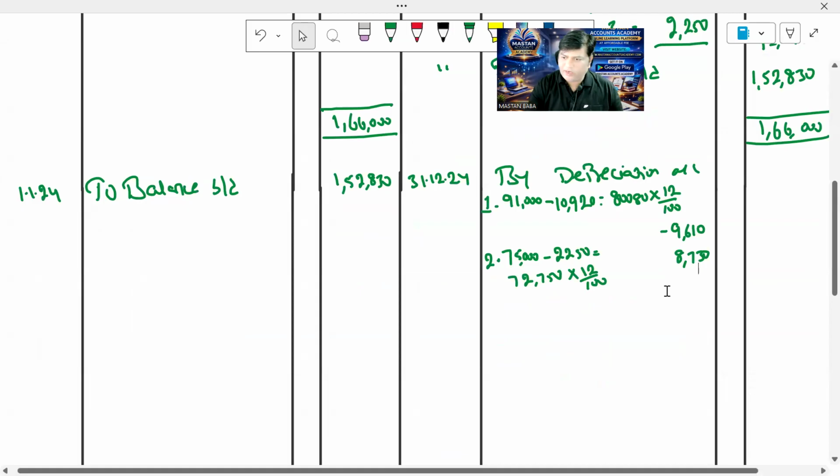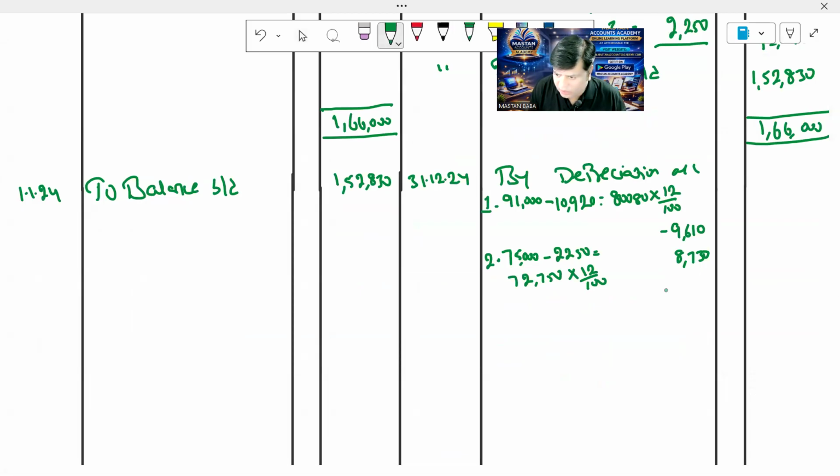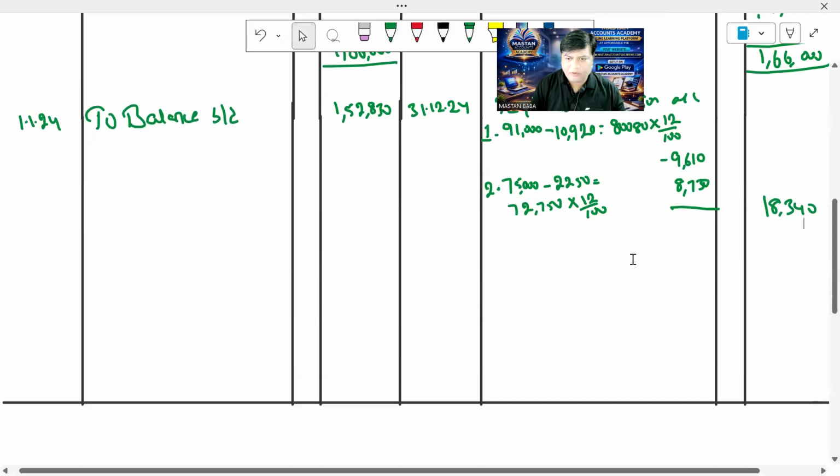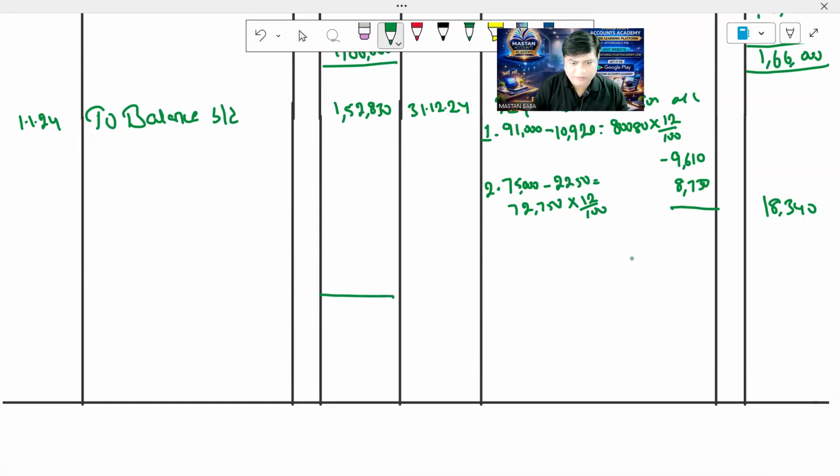సో what exactly depends upon your convenience ma. So what I am doing here, I am taking the 18,340 here. సో ఫ్యూచర్ లో రిస్క్ అవాయిడ్ చేయడం కోసం ఈ టెక్నిక్ వాడుతున్నాను అంతే. దట్స్ ఇట్ మా. And dear students, finally debit is more than the credit side. So take the 1,52,830 on both sides. 1,52,830 minus 18,340.